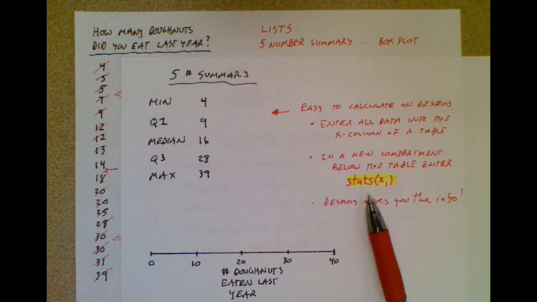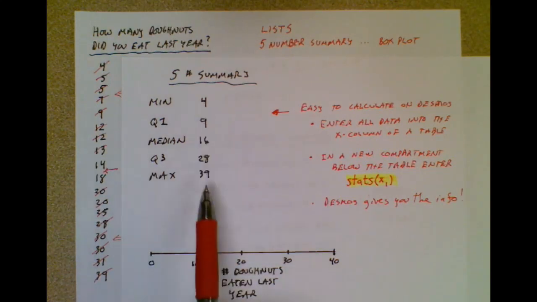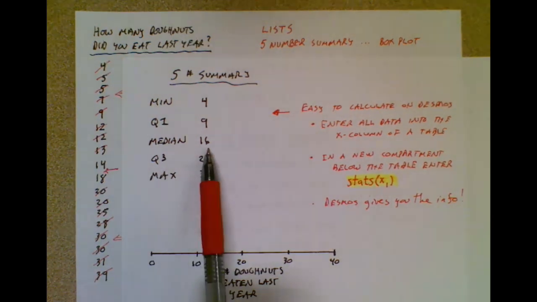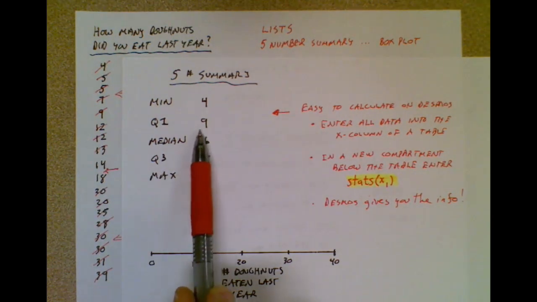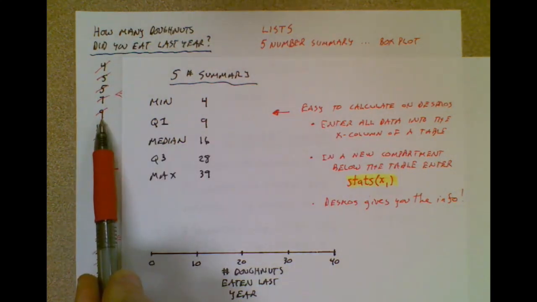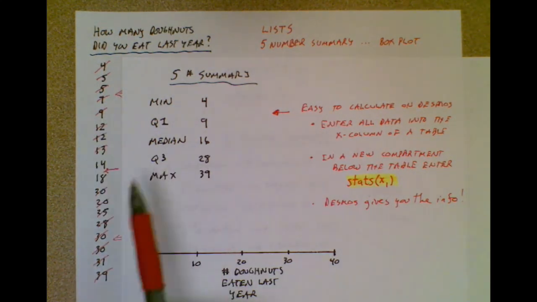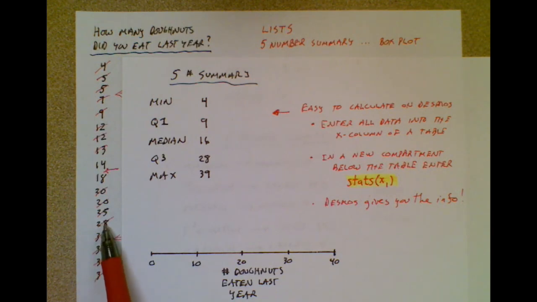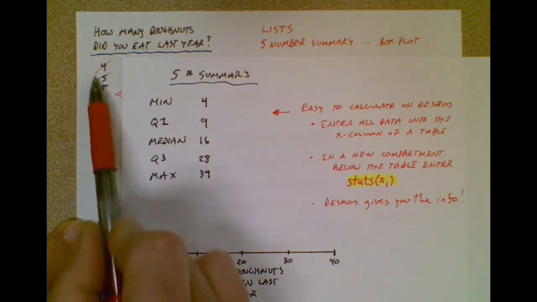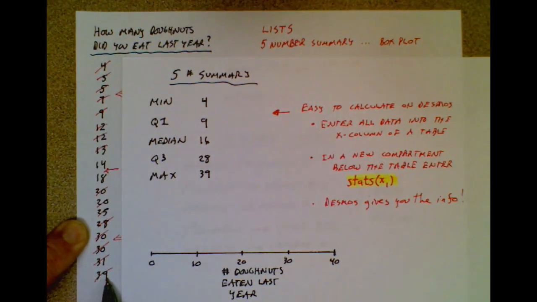So what this readout says is, of that whole list of data that you entered, the smallest number is 4, the largest number is 39, the middlemost number is 16, and 9 represents the first quartile, which means 25% of your data is smaller than 9. 28 represents the third quartile, which means 75% of your data is smaller than 28, or 25% of your data is above 28.